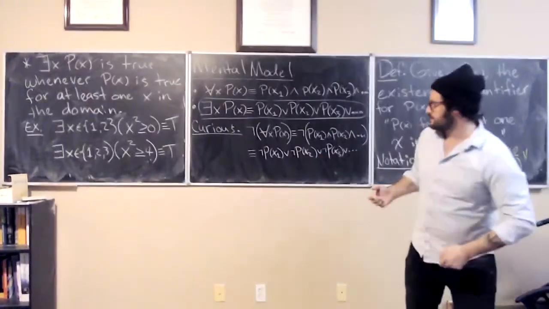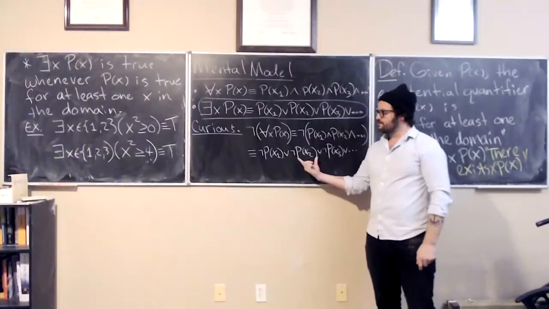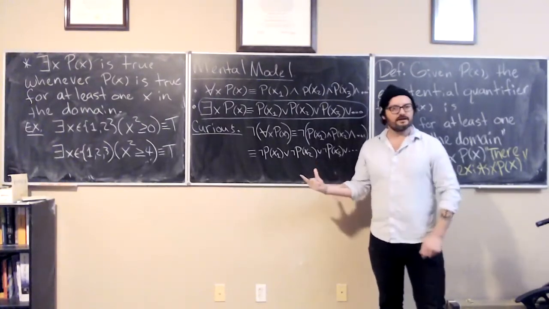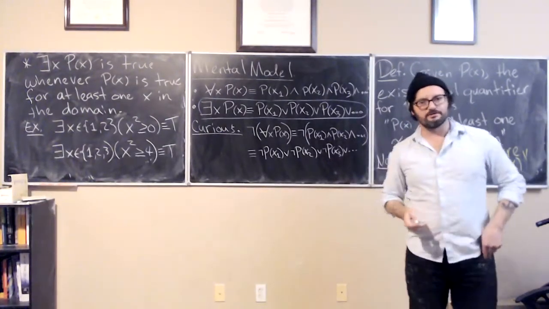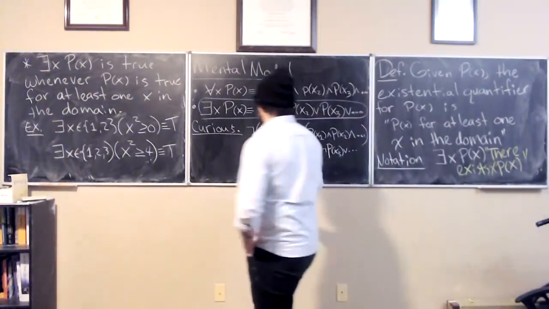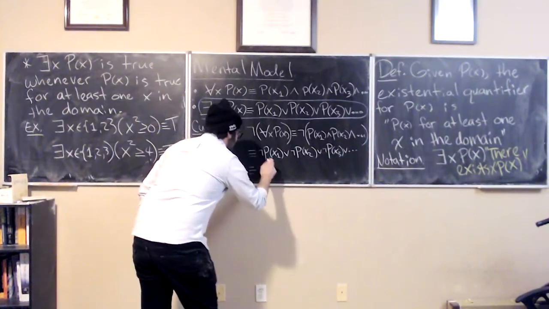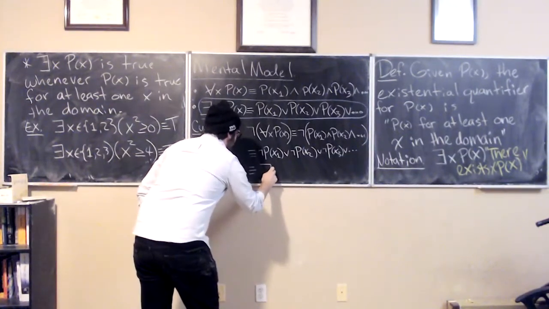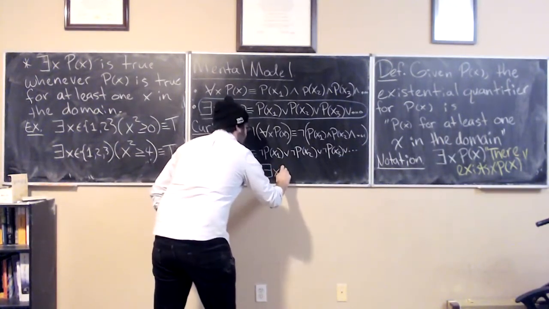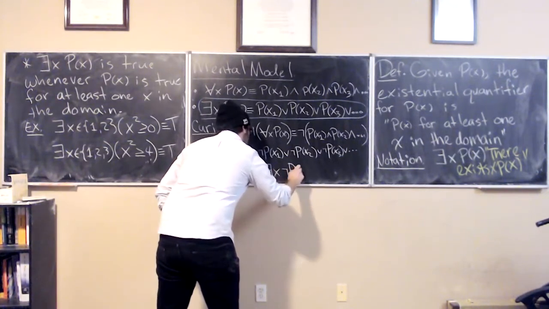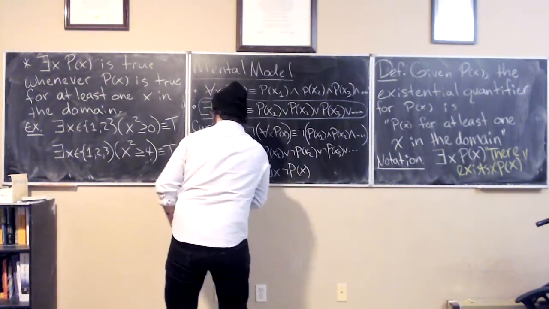So it looks like we can rewrite this using the existential quantifier, and we can write it like this: there exists x, not P of x.